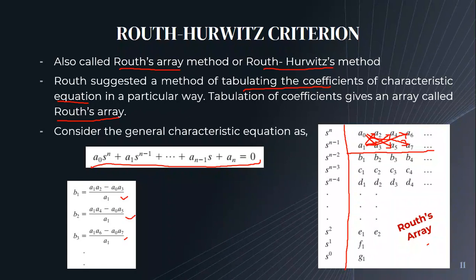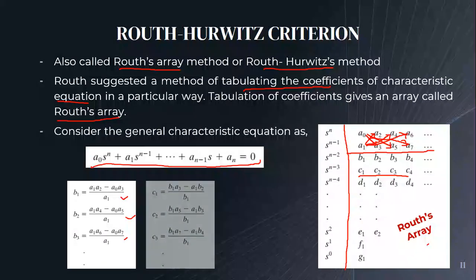Similarly, if I want to find the value of this row of C, for C I'll be using the preceding two rows. So C1 will be given as b1 into a3 minus a1 into b2, divided by b1. Similarly for C2, b1 into a5 minus a1 into b3, divided by b1.